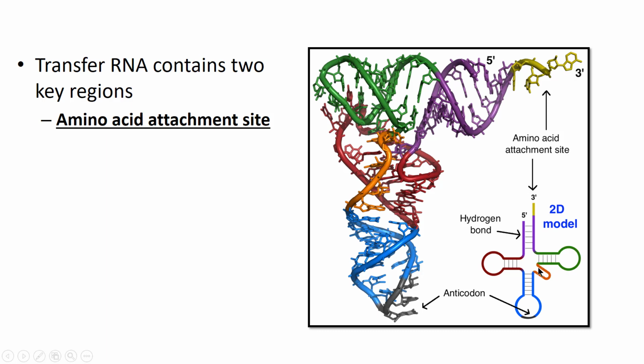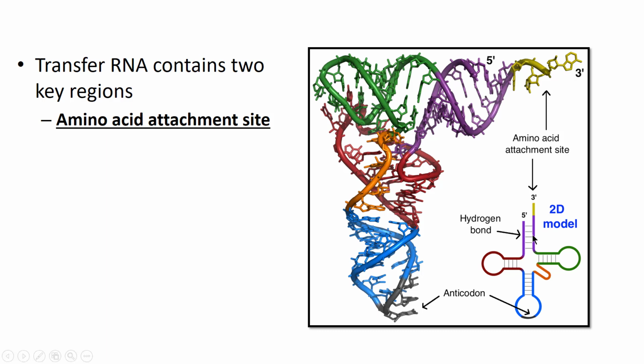If you took this entire structure and broke all these little bonds shown here, these hydrogen bonds or these little lines, if you snapped all those hydrogen bonds, this would unfold into a long linear sequence, kind of like mRNA. But with transfer RNA, we actually don't have codons. We have a different process here.